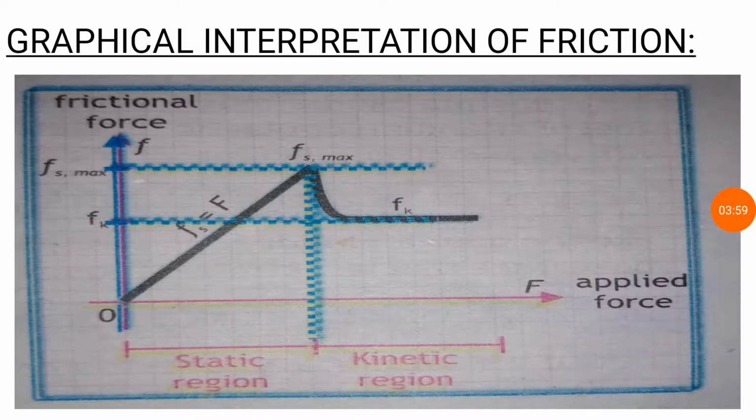Now at this point the object starts moving and frictional force rapidly decreases to a smaller kinetic friction, that is Fk value, which nearly remains constant. Now in this figure you can see the region of static friction, which is shown by the straight line, and the portion of the kinetic region, that is when there is a decrease.